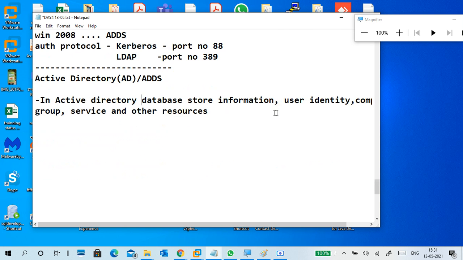Okay, this is the Active Directory database.